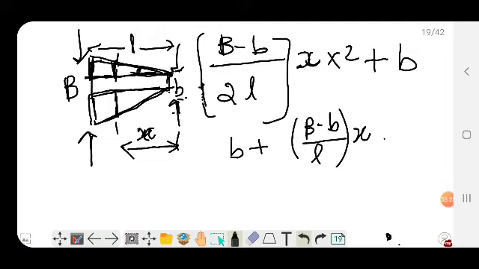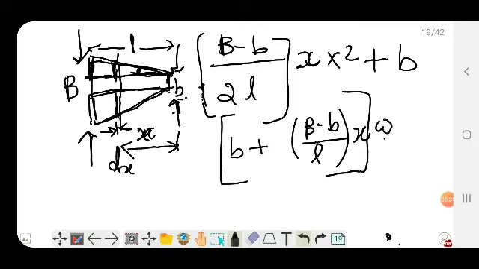Now for that particular dx, area of cross section is this times width w.